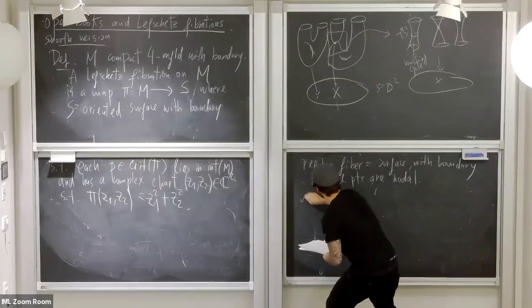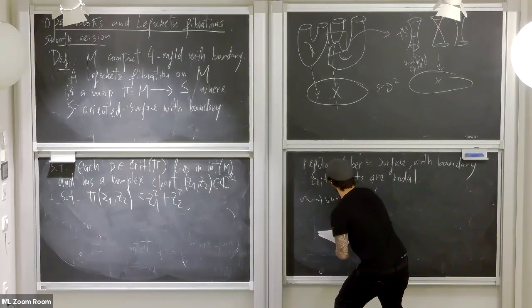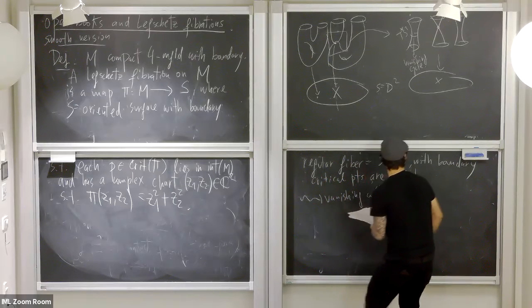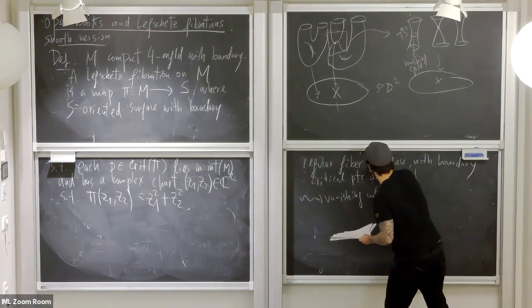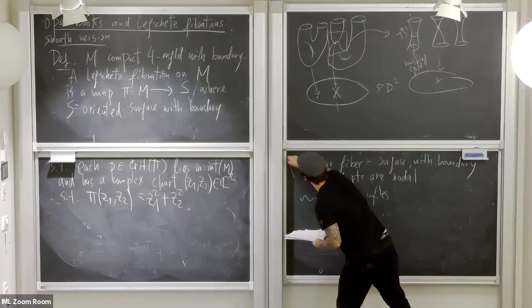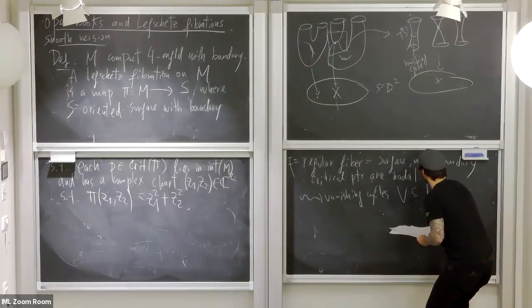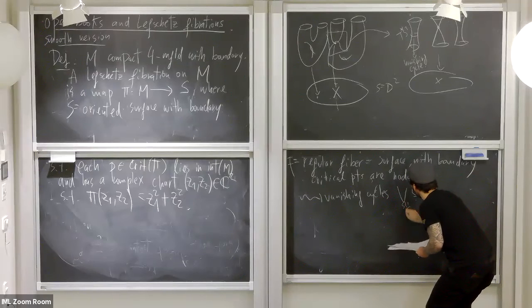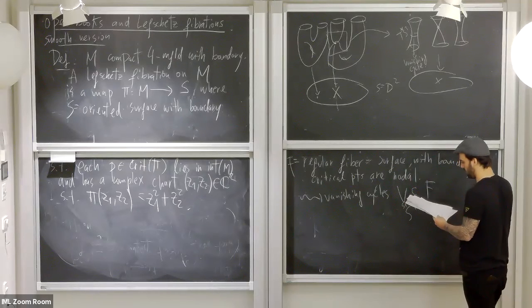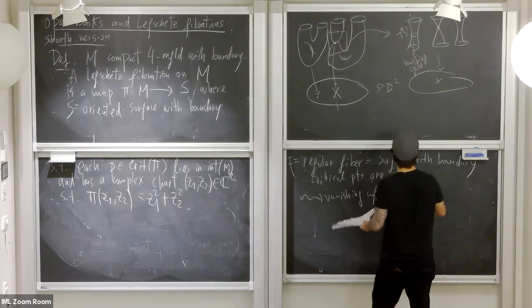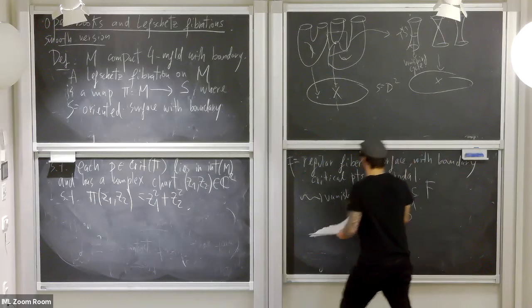And so we have vanishing cycles. Let me call the regular fiber F. So this is a vanishing cycle V inside F. So V is a copy of S1. It's a circle in the fiber, and this has to shrink down to a point where you see the nodes.